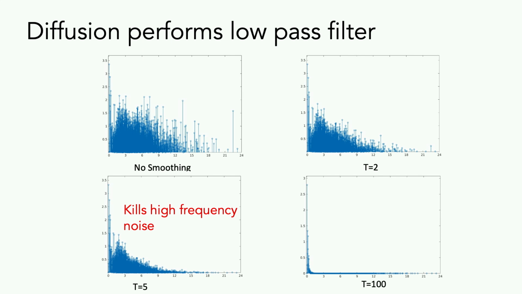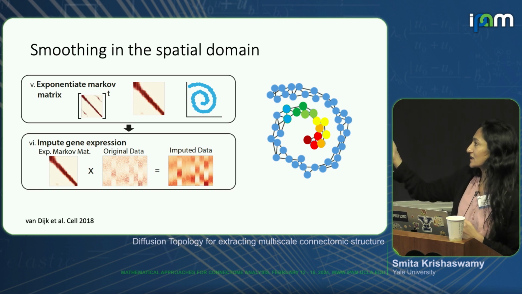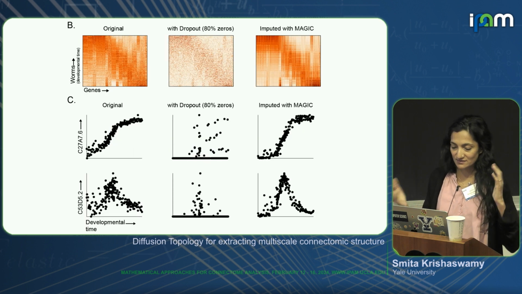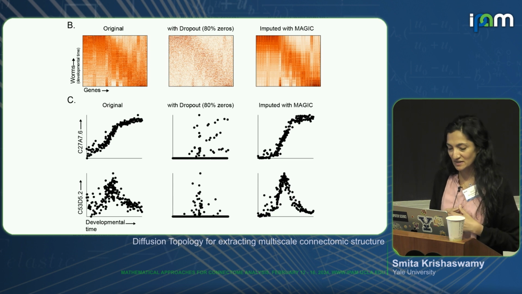And then you're performing a low-pass filter on these. So if you raise T to a low power, you get a little bit of filtration. If you raise T to a high power, you get more filtration. So you're cutting off the high-frequency parts of this spectrum, which can be useful if you have very noisy data or if you have noisy connections like we have. If you want to think about it again spatially, it is giving you spatial smoothing, which is the classic signal processing thing. The low-pass filtering is spatial smoothing.